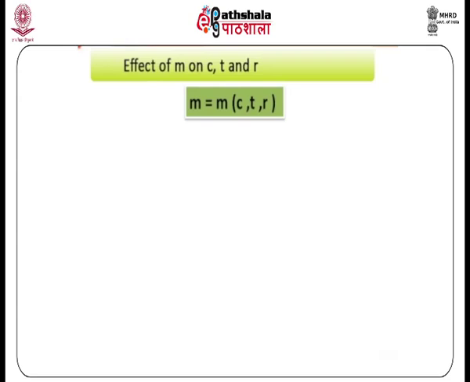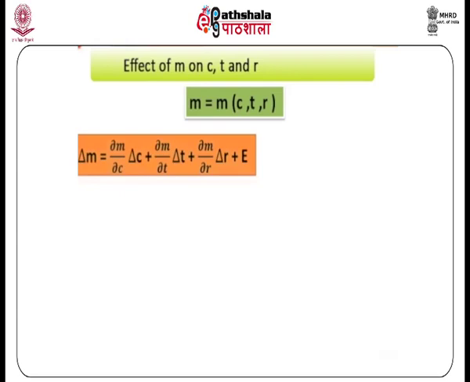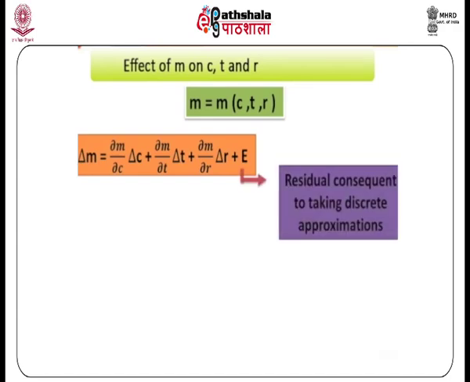Differentiating M = M[C, T, R] totally, and taking discrete approximations, we get change in M equal to ∂M/∂C into change in C plus ∂M/∂T into change in T plus ∂M/∂R into change in R plus E, with E representing the residual consequent to taking discrete approximations.